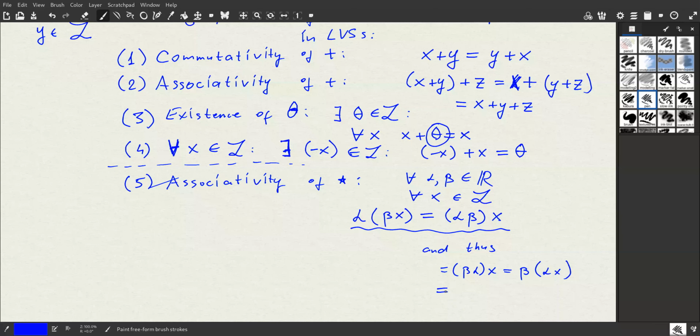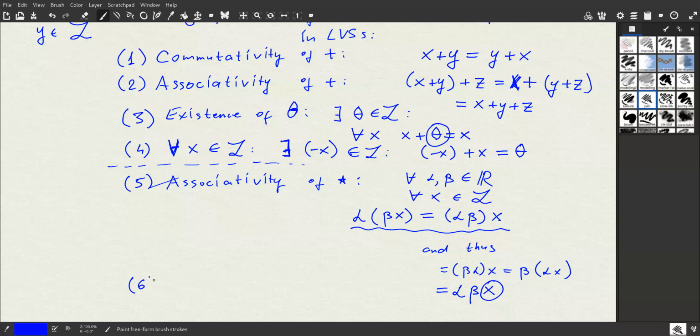And this allows us to write it always without any brackets, just as alpha beta x, where alpha and beta are real numbers, x is a vector. Okay, that's associativity of multiplication.